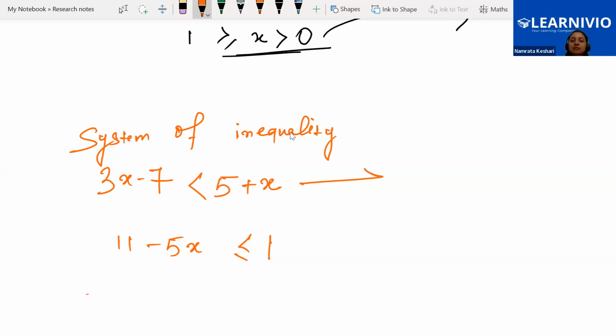So first we will solve this inequality separately. Second, we will solve this inequality separately. Quickly tell me what is the solution of the first inequality and what is the solution of the second inequality. Separately, one by one, solve it and tell me what the solution is. x is bigger than, smaller than what for the first one and what for the second one.